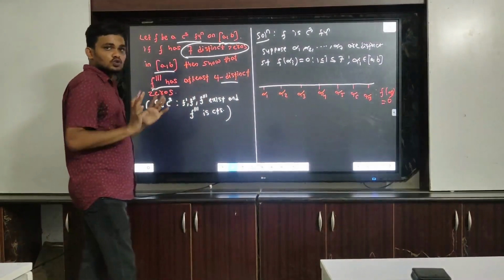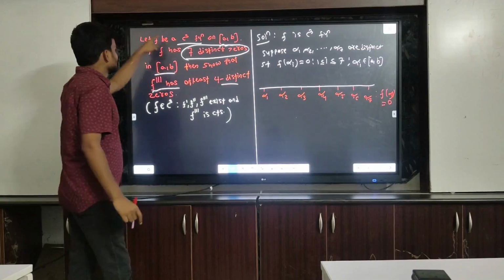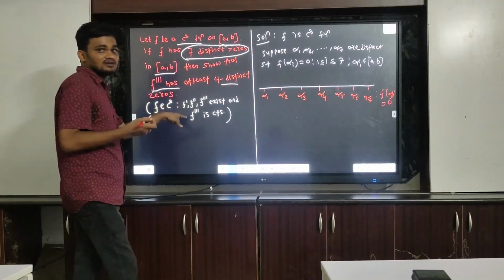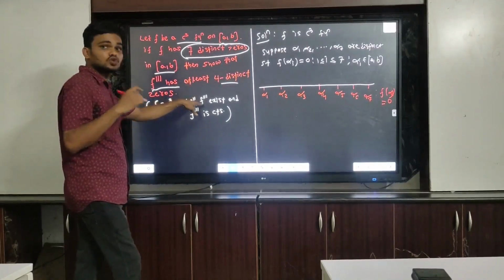So what is the requirement of Rolle's theorem? F of x is continuous and differentiable. Here, f belongs to C3. That means f dash exists, so f of x is continuous and differentiable. F double dash is also continuous and differentiable. F triple dash is also continuous.